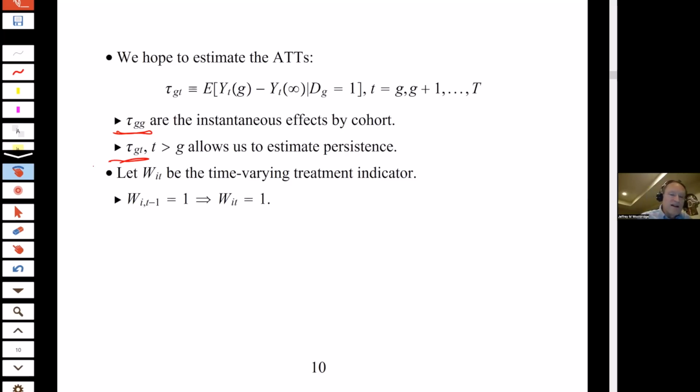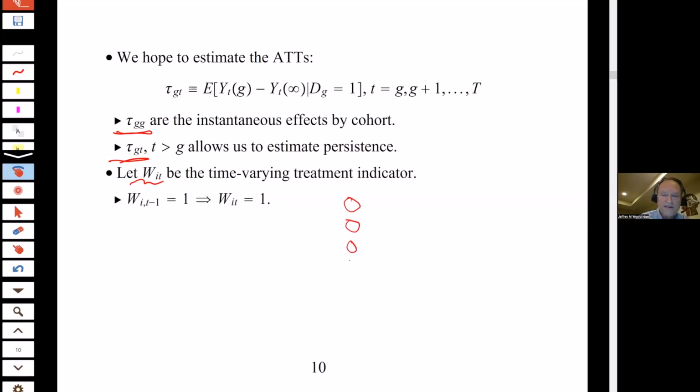Again, I'm not going to have time to go through the calculations that one needs to do, but I find it incredibly helpful. To use the xt_didreg command, you also need to have a time varying treatment indicator.